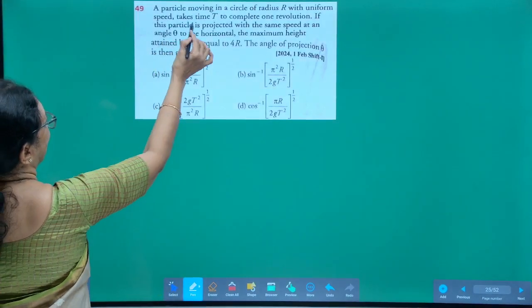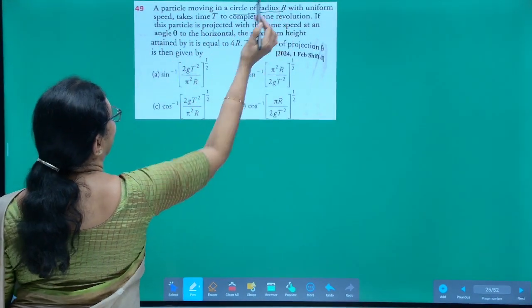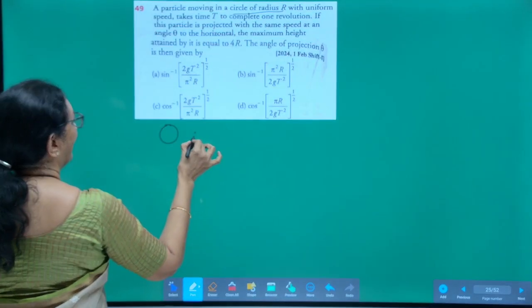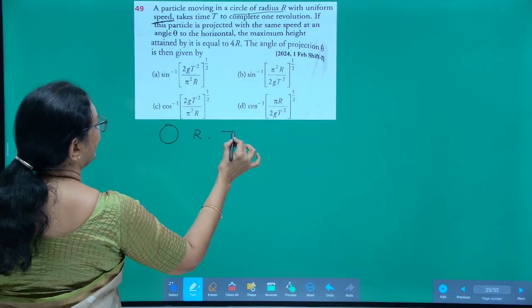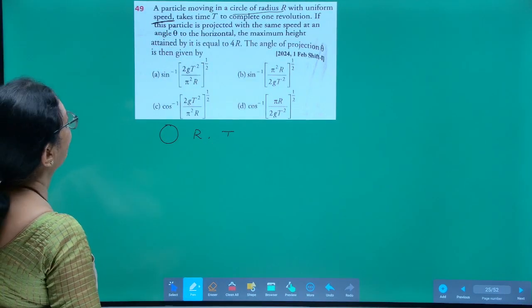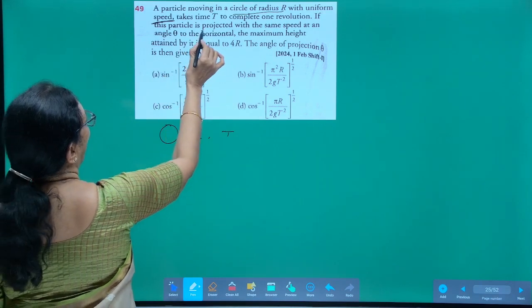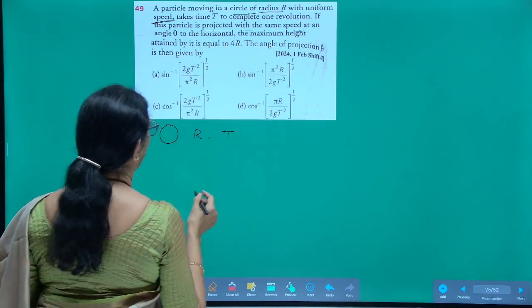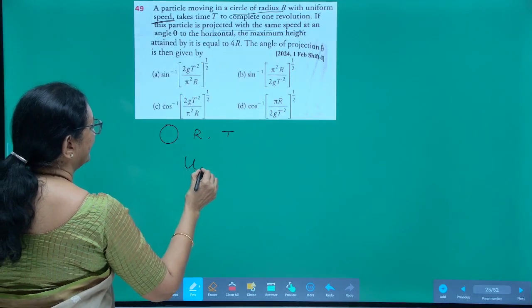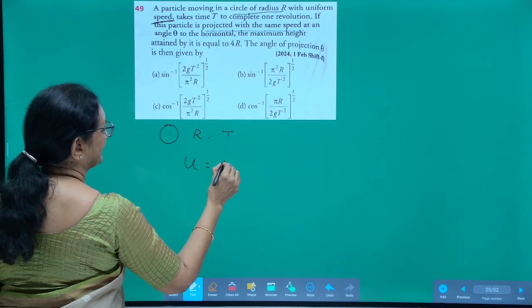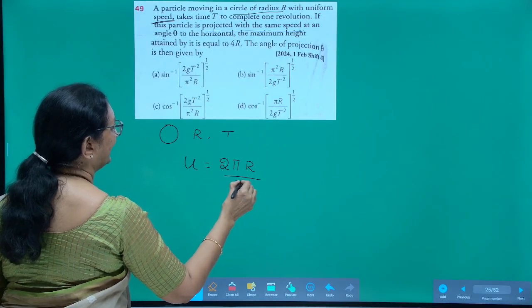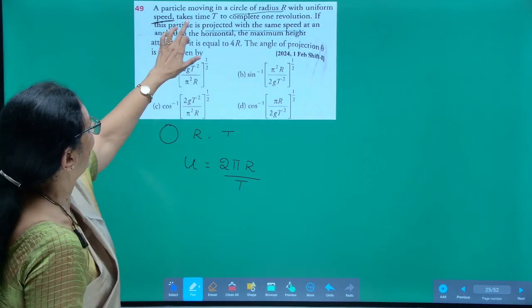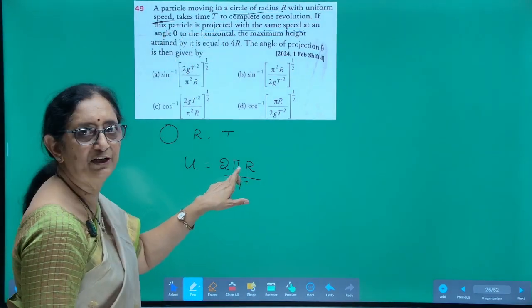A particle is moving in a circle of radius r with uniform speed, and takes time t to complete one revolution. If the particle is projected with the same speed, the velocity of projection of the particle is distance by time, 2 pi r by t, because it takes time t to complete one revolution.